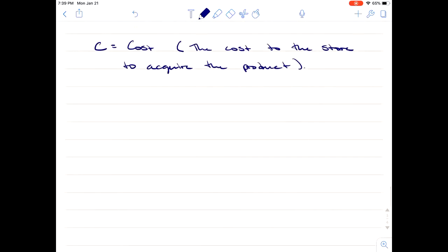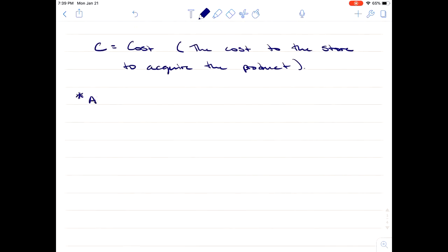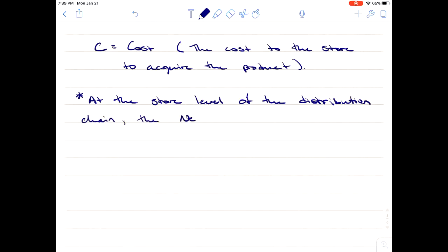Okay? So here, I'll just make a note here. At the store level of the distribution chain, the net price is the cost.